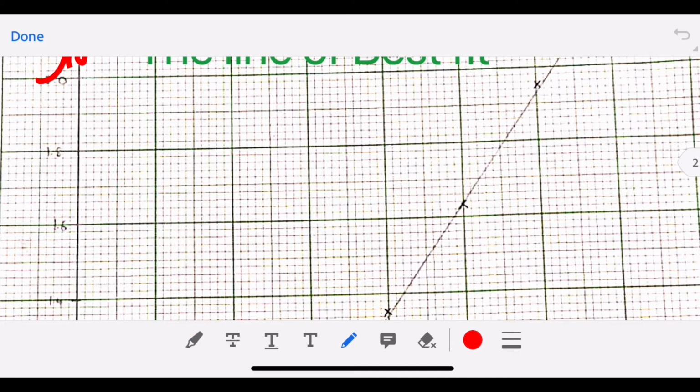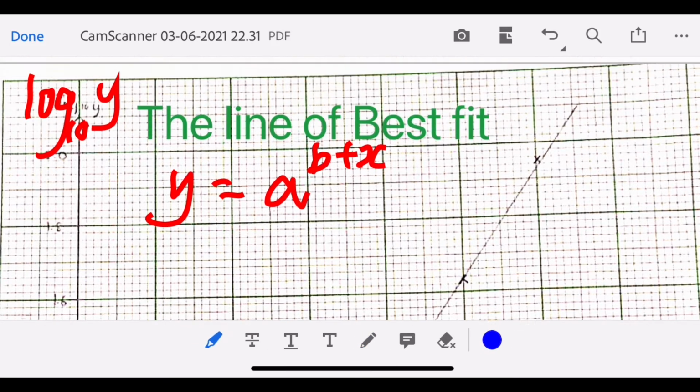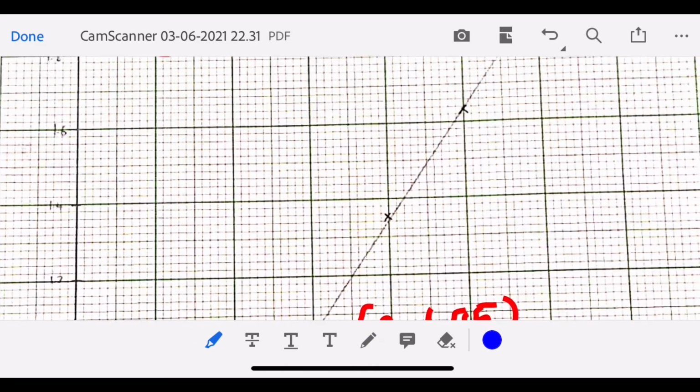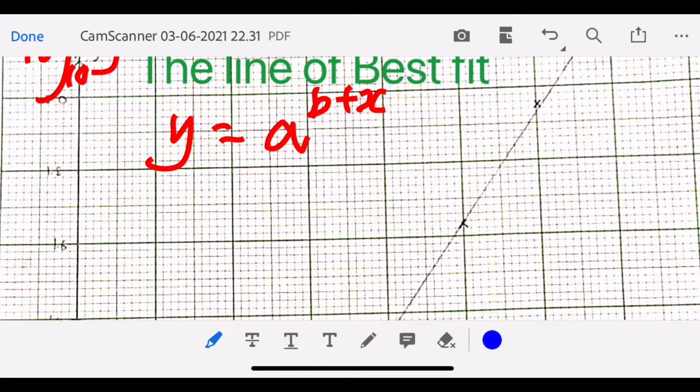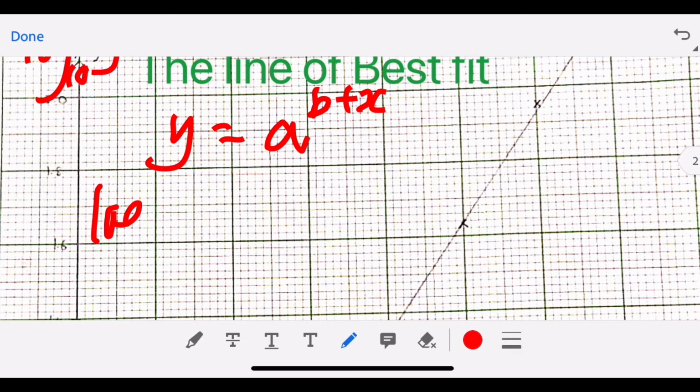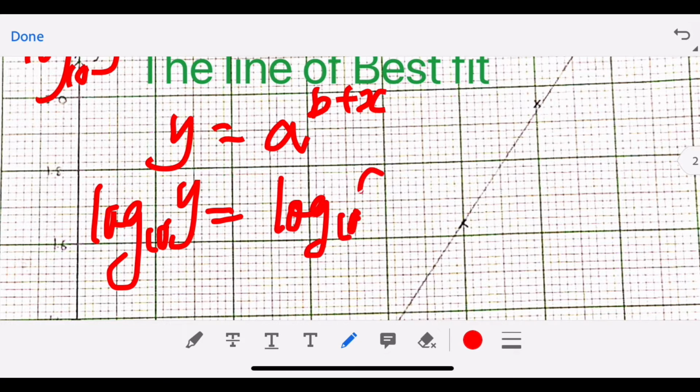So we have y equal to the non-linear equation. Let's start with the non-linear equation: y equals a to the power of b plus x, right? By looking at the linear equation, we have log 10 y. So we have to take log 10 y equals log 10 a^(b+x), right?